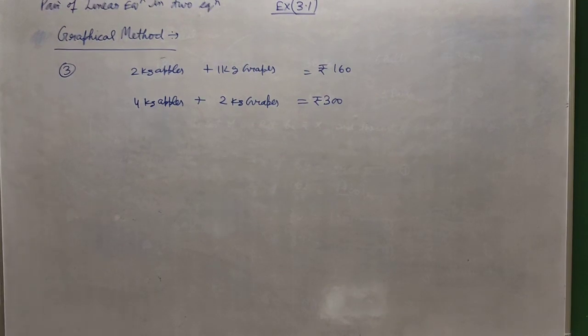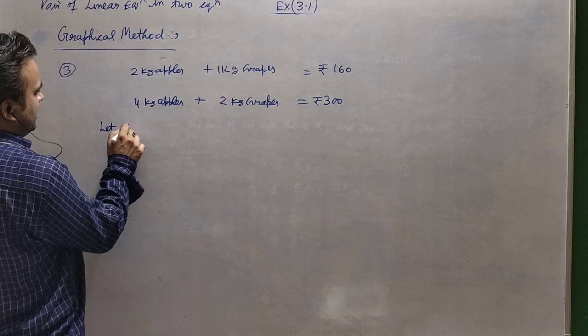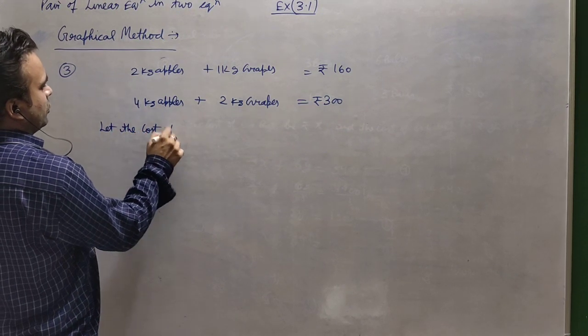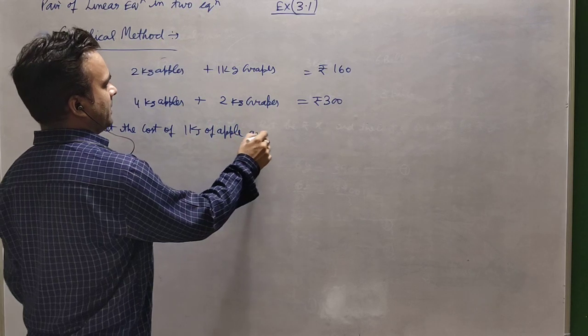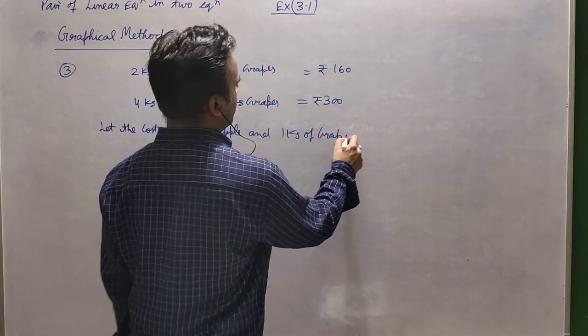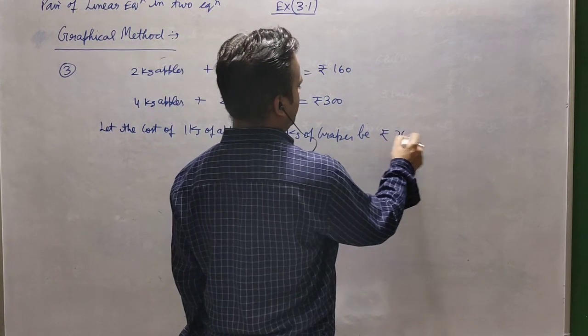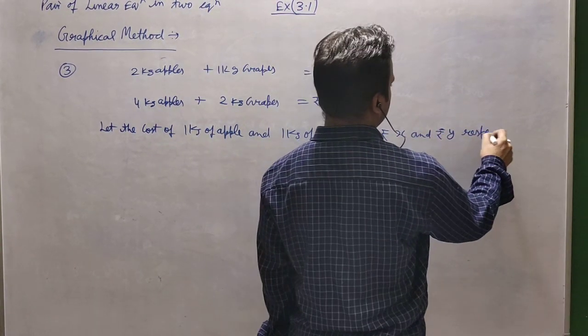It is a similar sum. So what we will do here, let the cost of 1 kg of apples and 1 kg of grapes be rupees x and rupees y respectively.